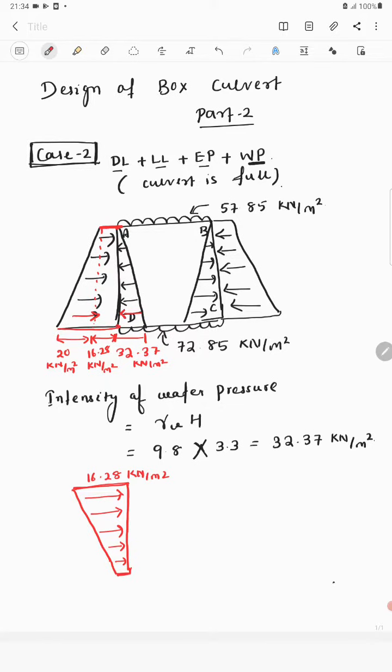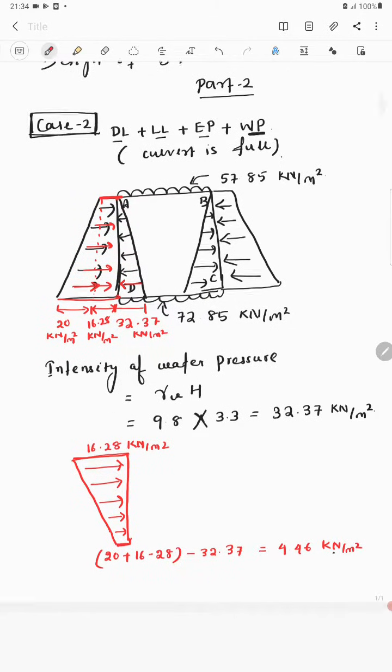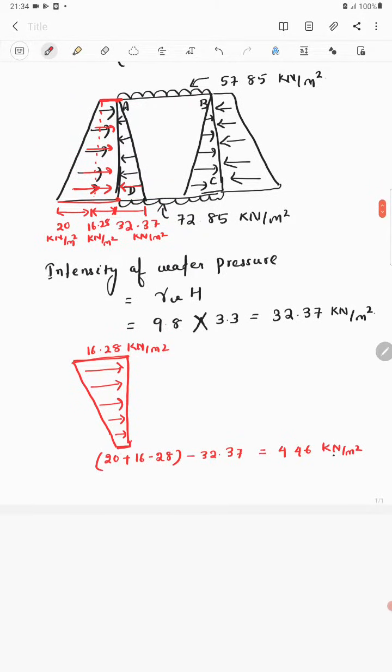And at the bottom it will be this minus this. So this total is how much? This is 20 plus 16.28, minus 32.37. So this one will be 4.46 kilonewton per meter square. This is the resultant force at the bottom.